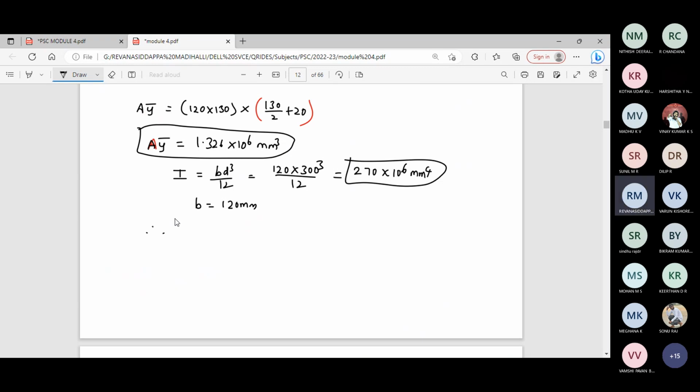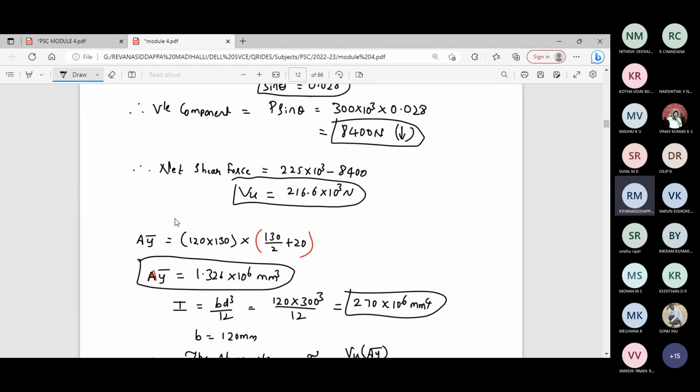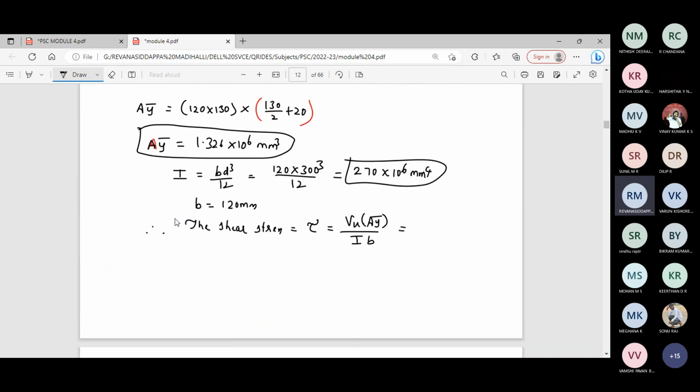Therefore, the shear stress tau is equal to Vu into Ay bar divided by Ib. Vu we got 216.6 into 10 power 3 Newton, Ay bar value 1.326 into 10 power 6, divided by I into b: 270 into 10 power 6 into b is 120.